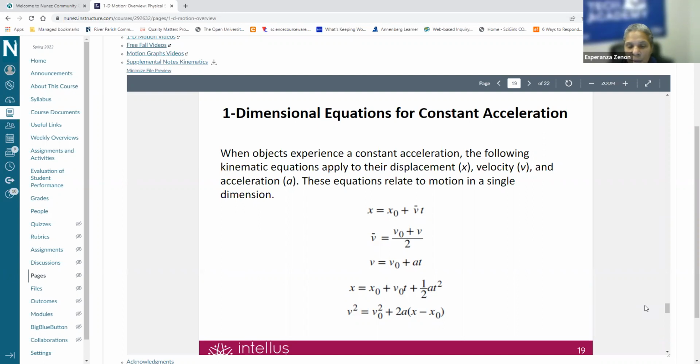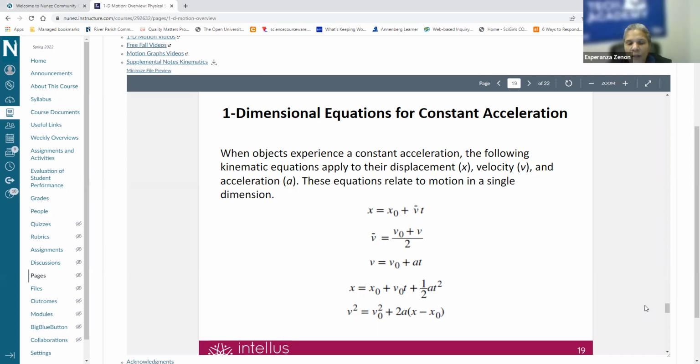If you want to know how fast the object is moving, tell me how fast it was moving when it started and how long it accelerated. That's the third equation. If you want to know the final velocity of an object, what velocity did it have when it started? And then how long did it accelerate? A times t. That's not at, that's acceleration times time.